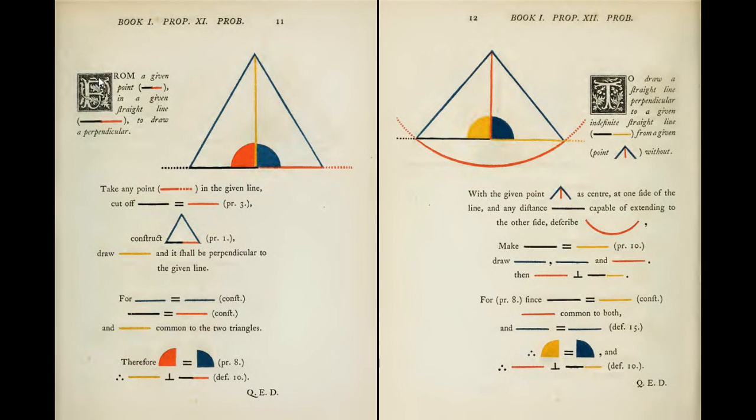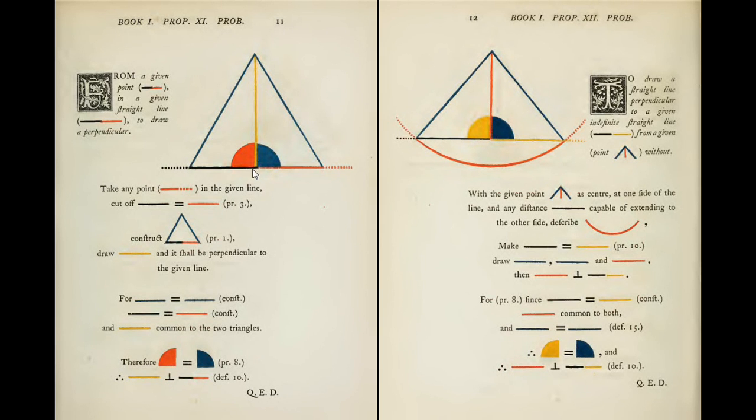We finished the last time here on problem 11, where we were, from a given point on a straight line, able to construct a perpendicular, in fact a perpendicular bisector of a line constructed from the point.